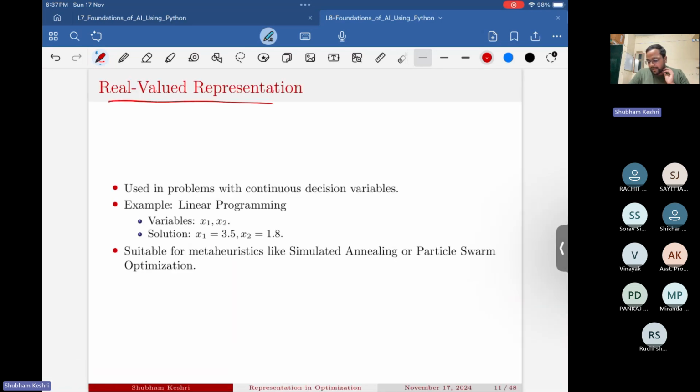Another is a real valued representation. So generally in linear programming, suppose for a factory there are two products, product 1 and product 2, and there are machines, machine 1 and machine 2. Machine 1 can produce product 1 in 8 hours and product 2 in 6 hours, and machine 2 can produce product 1 in 3 hours and product 2 in 5 hours.